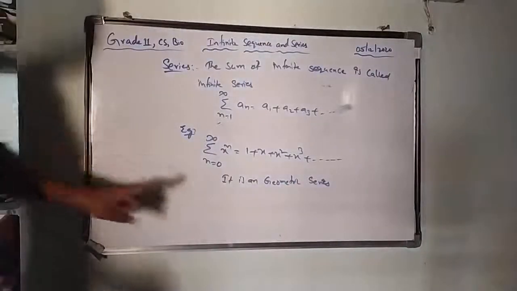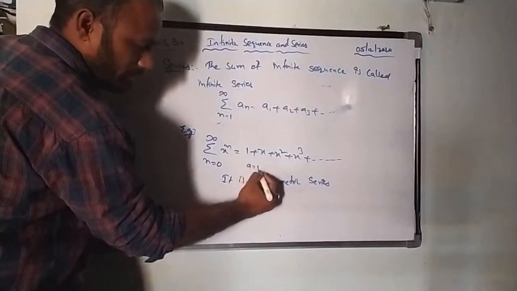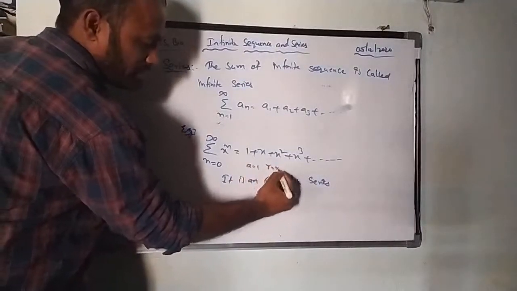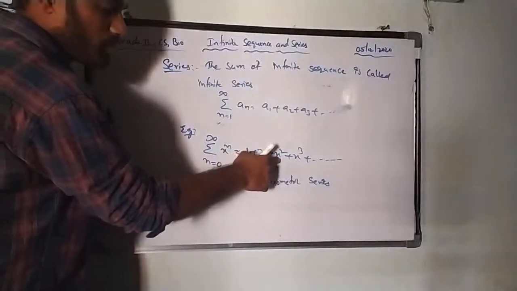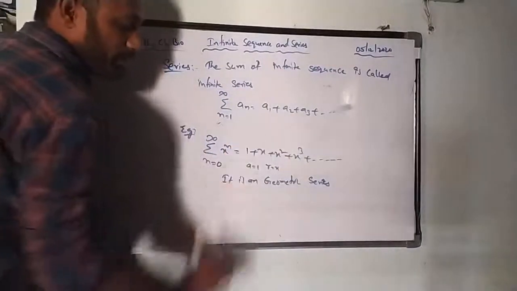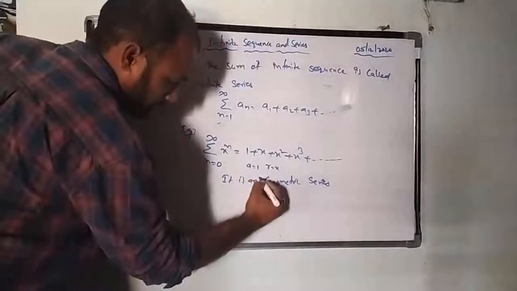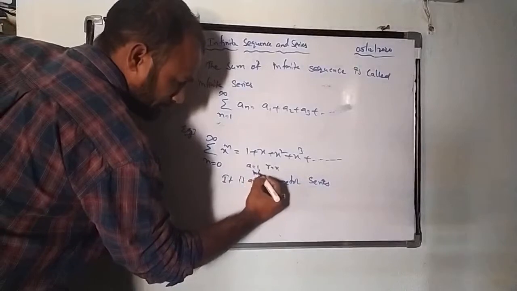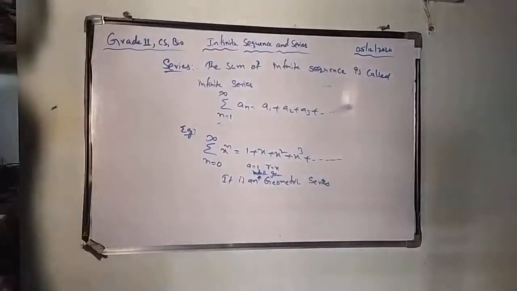Why do we call it an infinite geometric series? Because here the first term is a and the common ratio is x. It is in the format of a plus ar plus ar square plus ar cube plus so on. So it is a geometric series, an infinite geometric series.